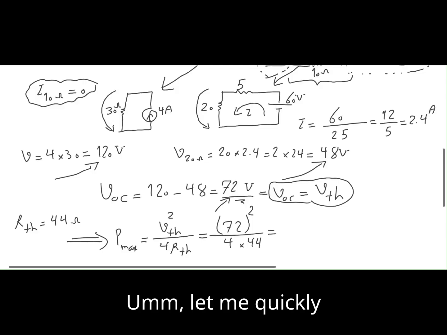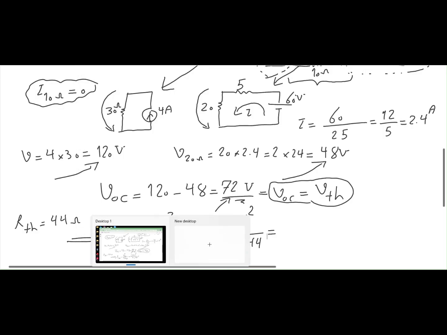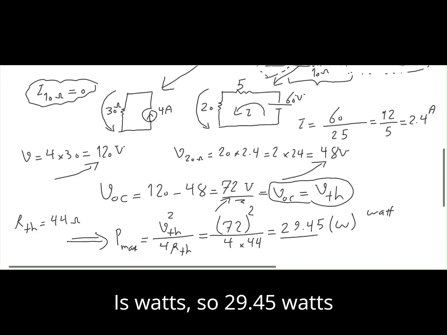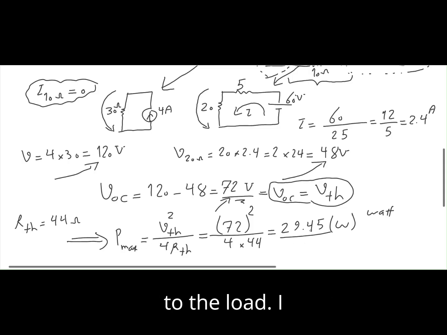Let me quickly calculate this. 72 squared over 4 times 44. 29.45. 29.45, and we know the unit of power is watt. Is watts. So 29.45 watts is the max power transferred to the load.